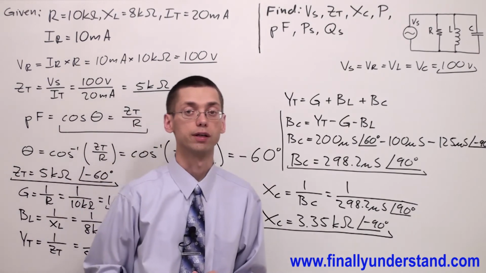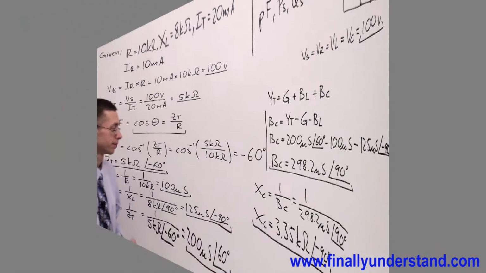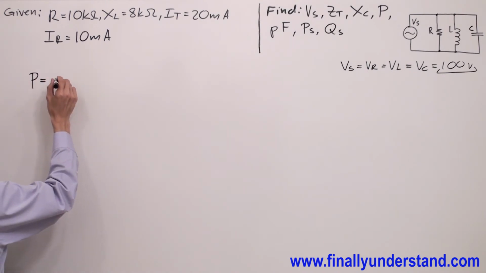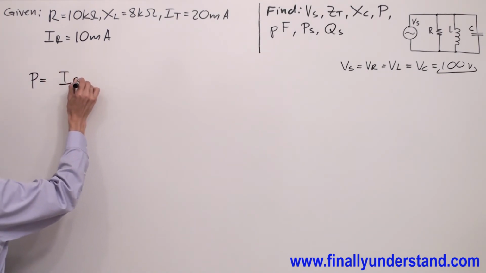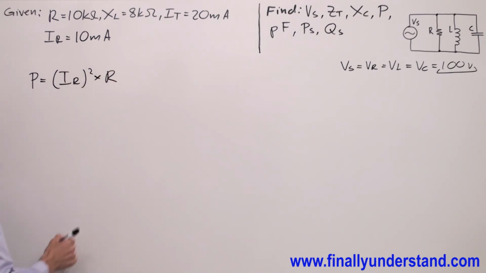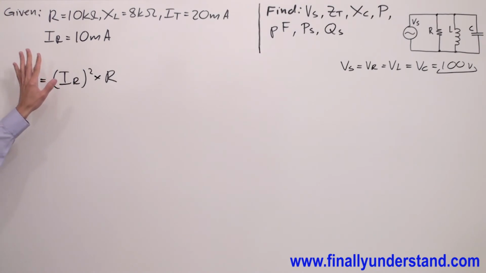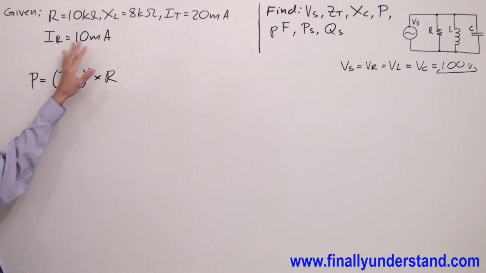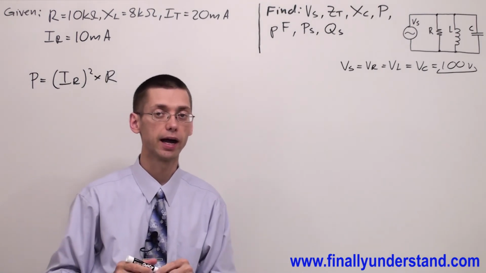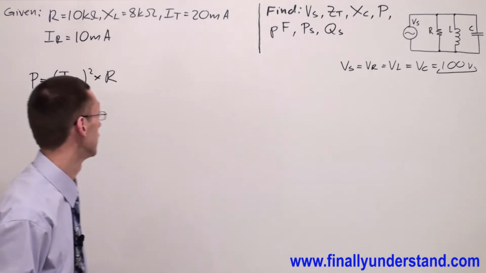Next, we are going to find the power. True power is equal to I R squared times resistance. Please notice that this problem is not telling me that any of these two currents is peak or peak to peak. So automatically I assume that both of them are RMS.